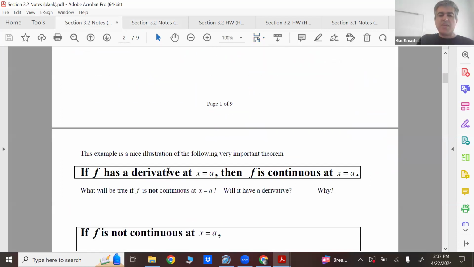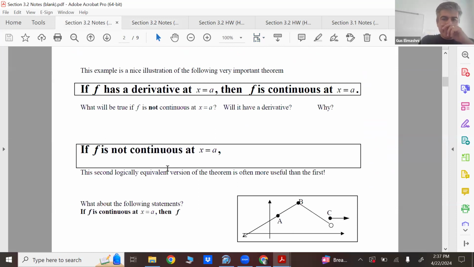Okay, so this is kind of the big moment. If f has a derivative at x equals 0, then f is continuous there. Also, if f is not continuous, actually, let's think of it this way. Let's start here. You'll see why I'm saying this.